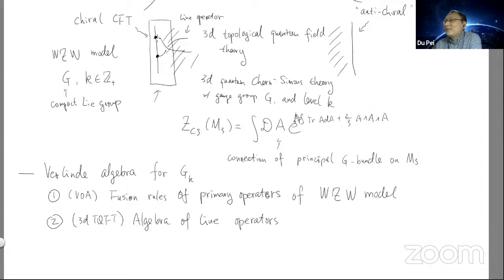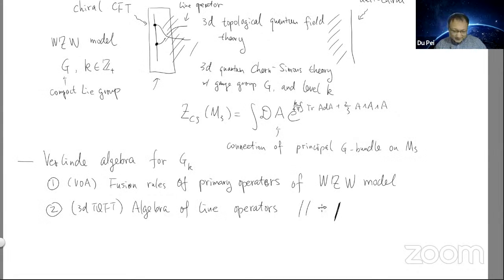Indeed, if you make the endpoints of this line operator closer and closer, then from the point of view of the boundary theory, you are having some kind of OPE product. But in the bulk theory, what you are doing is fusing two line operators into a single one. And that gives you the algebra of line operators.